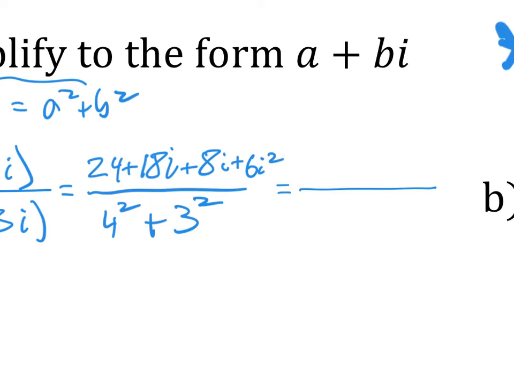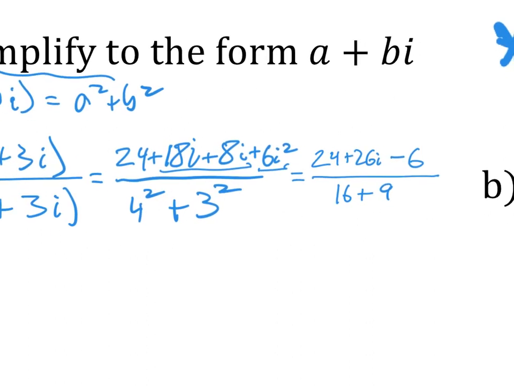So the bottom's just going to be 16 plus 9. Top, this is going to be 26i, so we got 24 plus 26i. And then 6i squared is going to be negative 6, because i squared is negative 1. Okay, which brings us to 24 minus 6. That's going to be 18. 18 plus 26i all over, looks like 25.